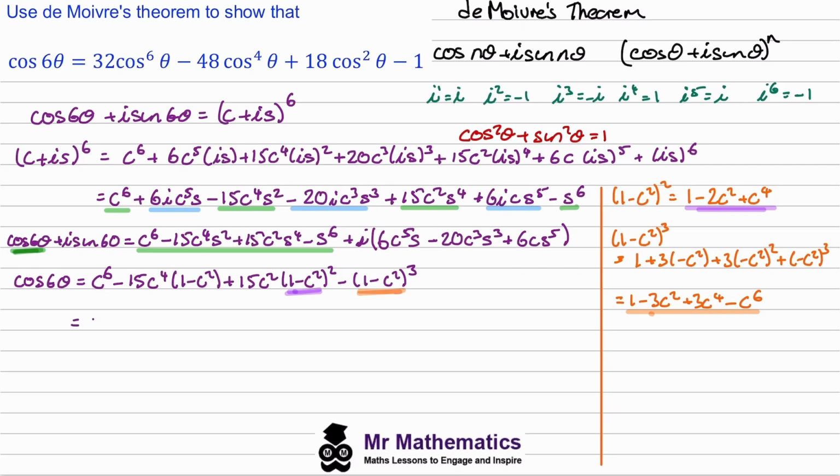So this will equal c to the 6 minus, expanding this out, 15c to the 4 plus 15c to the 6, and then 15c squared, 1 minus 2c squared plus c to the 4, minus negative c squared to the 6.